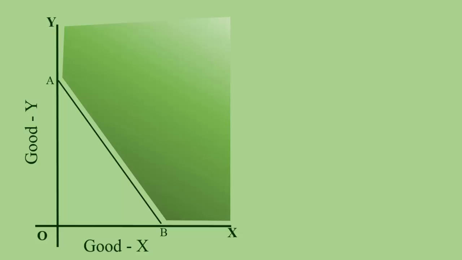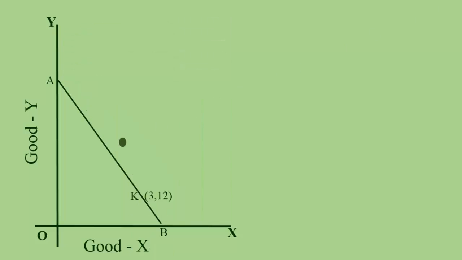The consumer cannot buy any combination that lies to the right of the price line. Combinations in this region are beyond the reach of the consumer. Consumer's income is not sufficient enough to buy them. Take combination K. It is to the right of the price line.